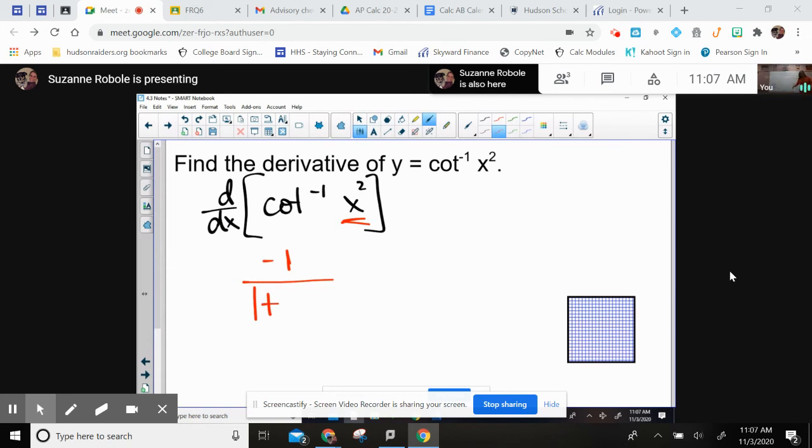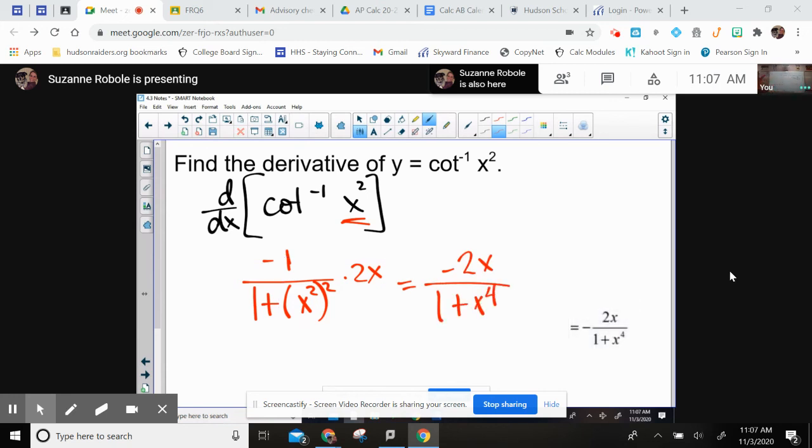I almost forgot the negative. So we put the negative in there. And then we have our u squared times the derivative of u, and simplify. So I get negative 2x all over 1 plus x to the 4th. And we are done.